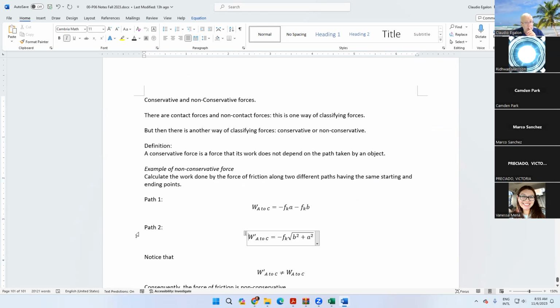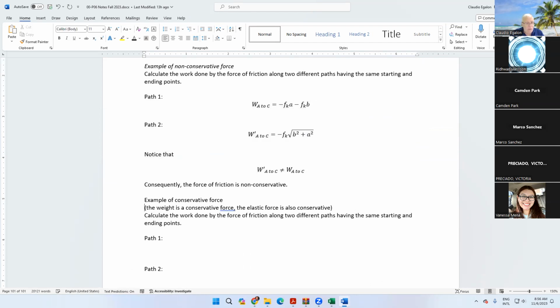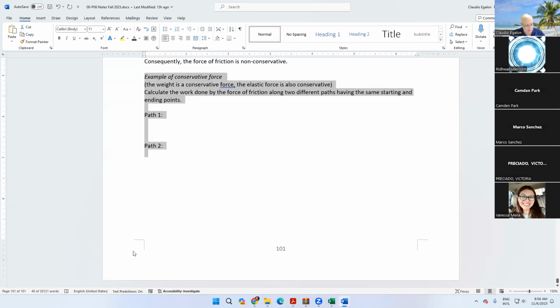And there's a reason why we do that. We finished the non-conservative force, and we are going to do an example of a conservative force. And I'm going to copy and paste in the next page.